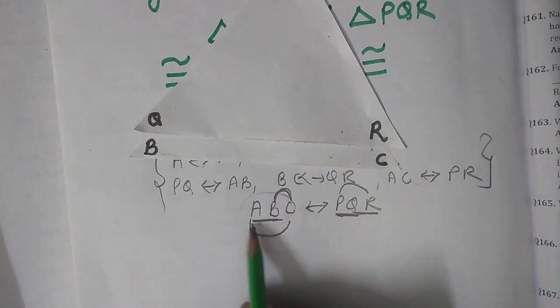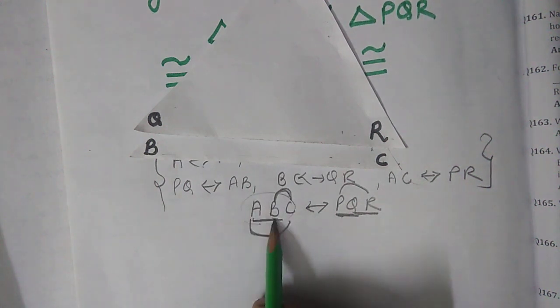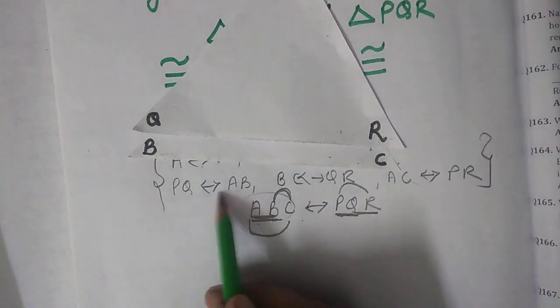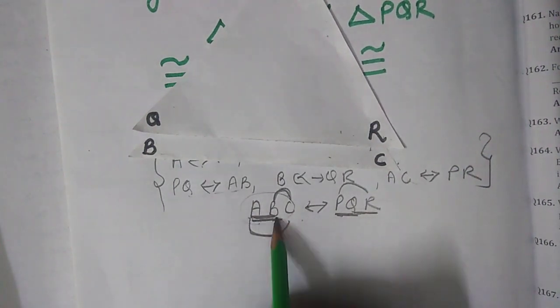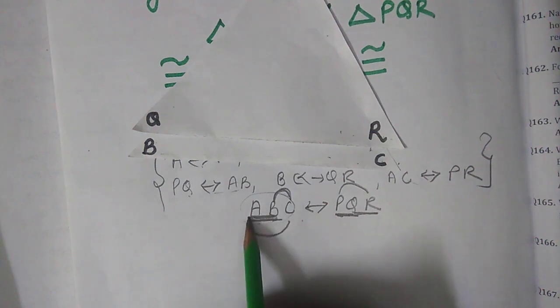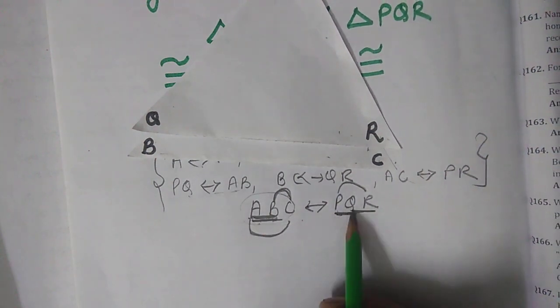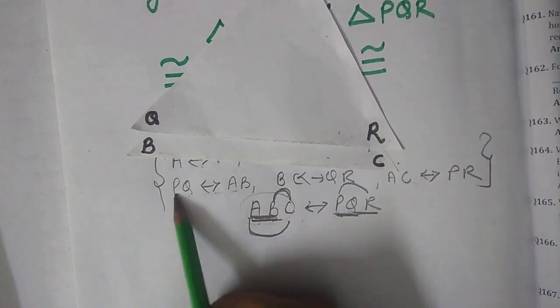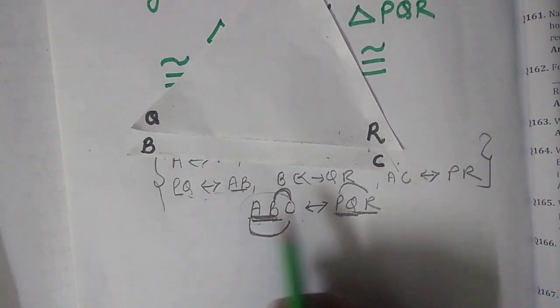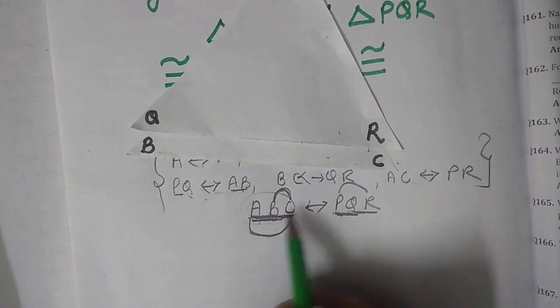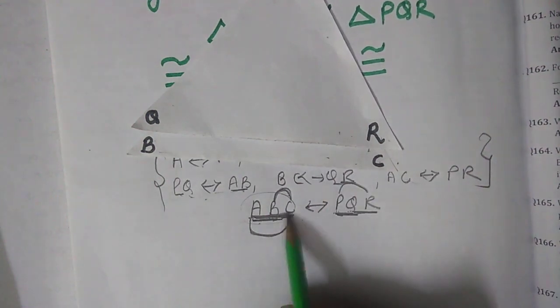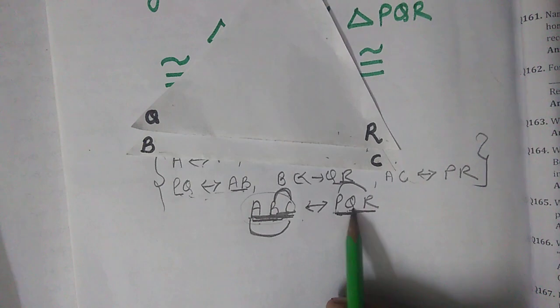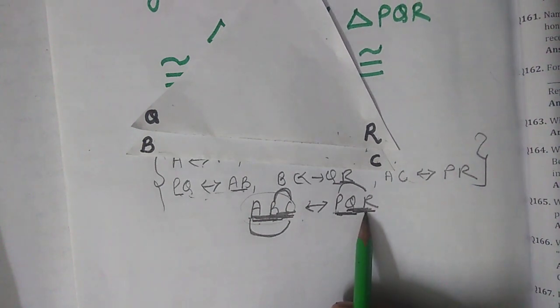First, I have written the name of one triangle, ABC. Then AB is corresponding to which side? PQ. So first and second are in first and second place. There is AB, so here also in first and second place there must be PQ, because AB is corresponding to PQ. Now BC is corresponding to QR, so second and third we have BC, and second and third we have QR.